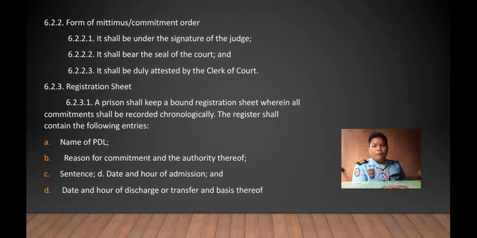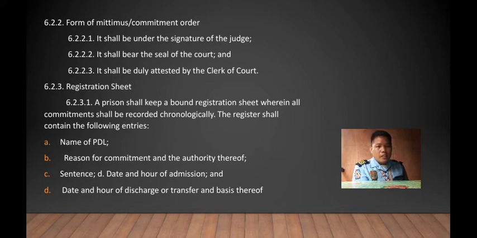So next, we have form of mittimus, commitment order. It having the contents of it shall be under the signature of the judge. It shall bear the seal of the court, and it shall be duly attested by the clerk of court. Then next, we have also here some registration sheet, which means that a prison shall keep a bound registration sheet wherein all commitments shall be recorded.